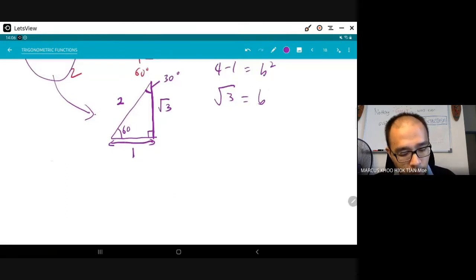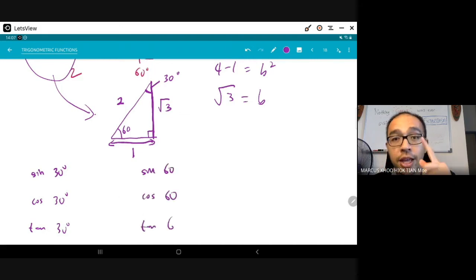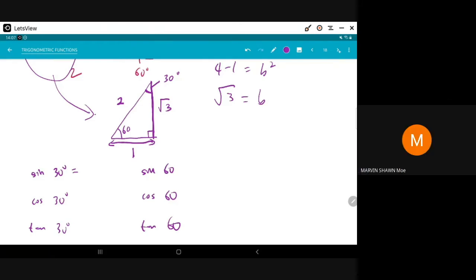What is the value of sine 30, cos 30, tangent 30? What is the value of sine 60, cos 60, and tangent 60? Without using the calculator, only this triangle. Sine 30 is? 1/2.